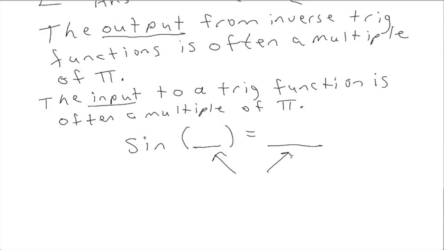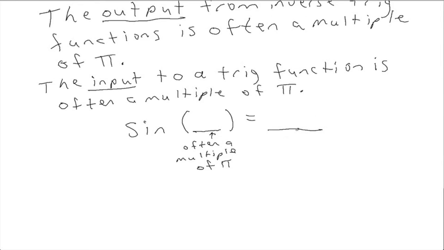So which of these is often going to be a multiple of pi? The first one on the left. Do we expect this to be a multiple of pi? No. So which of these is often a multiple of pi? The one on the right.